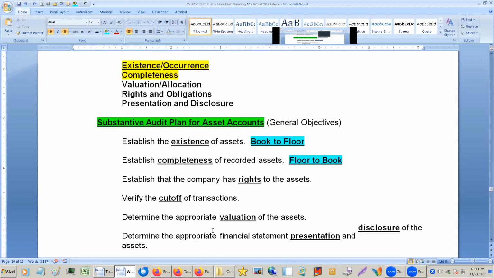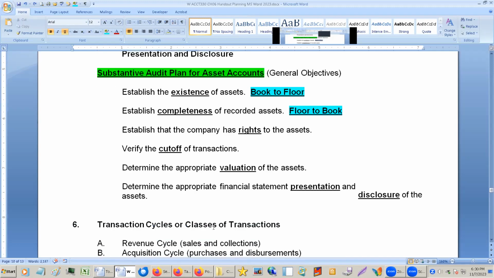Okay, establish that the company has the rights to the asset. Look to see if the assets are pledged as collateral. You might look at loan agreements; the standard bank confirmation will have loan agreements on there. They'll say whether they have pledged this asset. Sometimes when they make a big purchase of assets, whether it's inventory or machines or whatever, the bank will give them the money, and then the bank says, okay, but we're using that as collateral too.